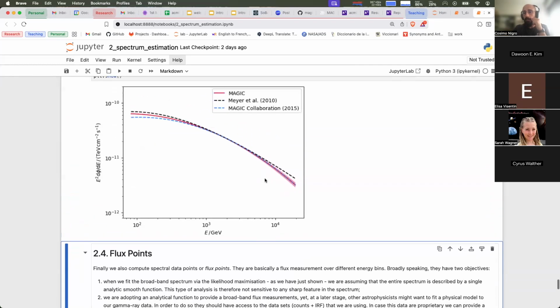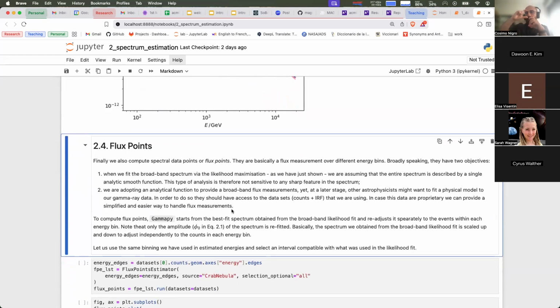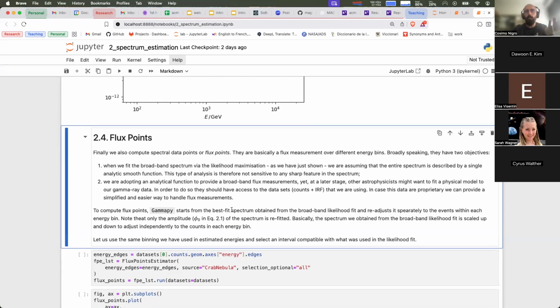What you typically would do is also to fix the spectral index, okay? So you see bin by bin how your broadband fit scales, okay? And once you have this measurement, you also have some measurement of flux versus energy that you can pass, for example, to a theoretician if they want to do some modeling, right?